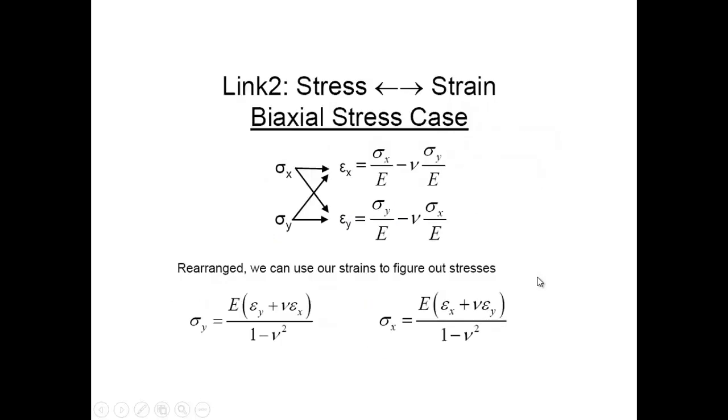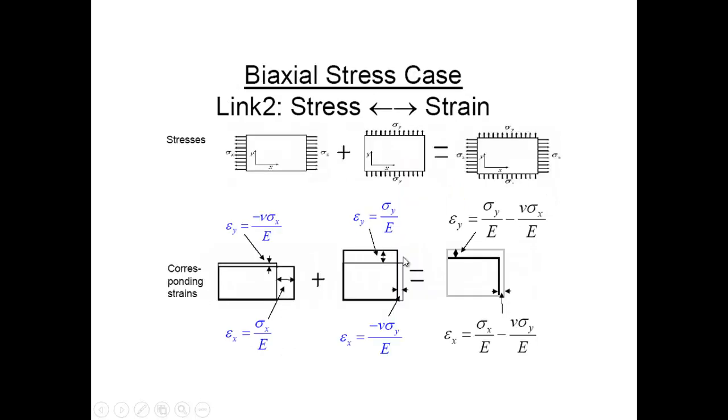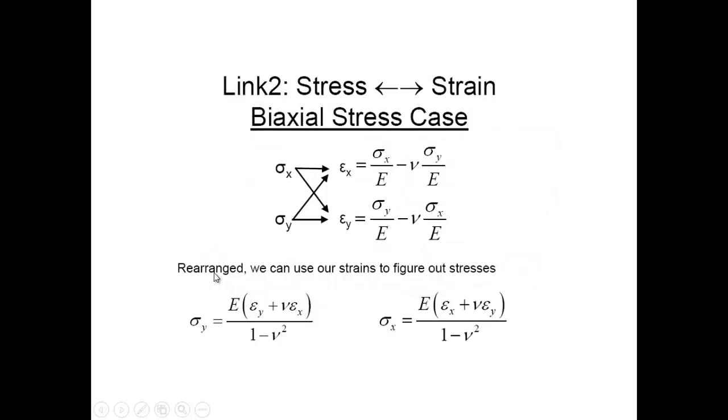This is how they are mentioned to you. They also make a rearrangement so we can use our strain to figure out the stress. You have two simultaneous equations here, so you need to make a rearrangement and substitution here and there.